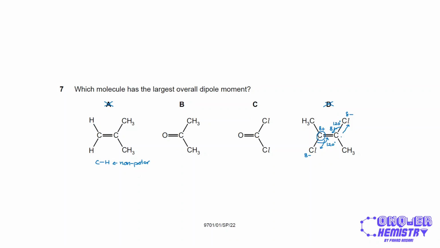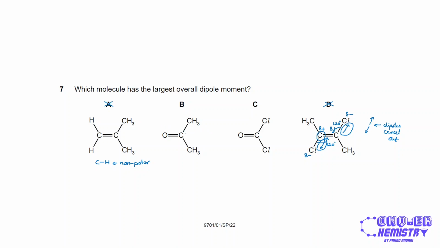That tells us that this dipole and this dipole are of equal magnitude but opposite direction, and so they will cancel each other out. If I place them over here and over here, these dipoles cancel out, and so you will have an overall non-polar molecule. Now that leaves us with options B and C.